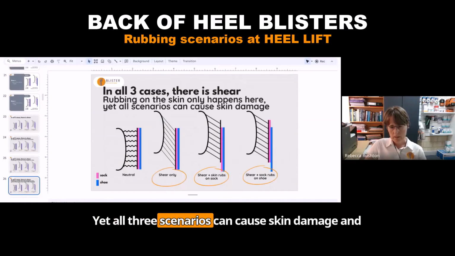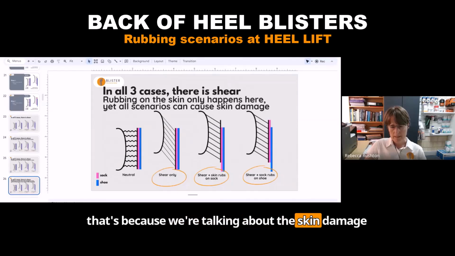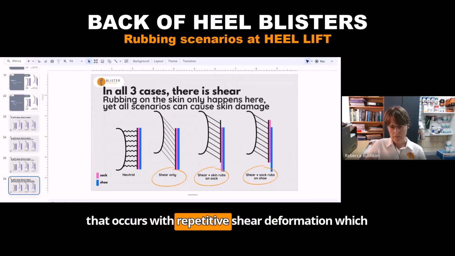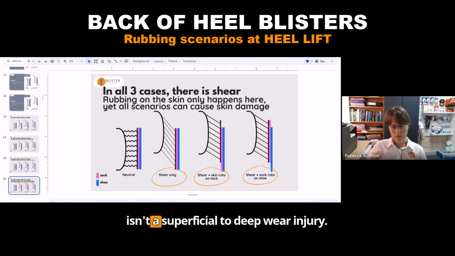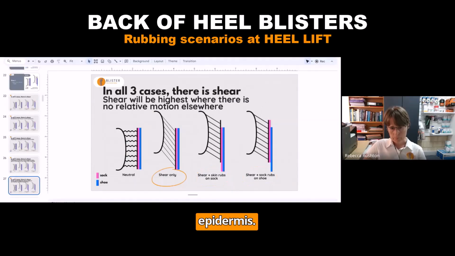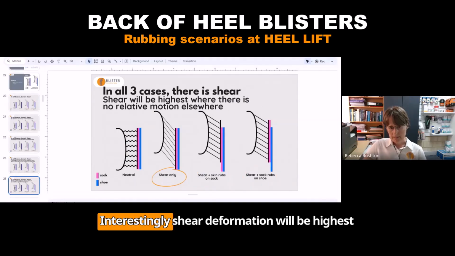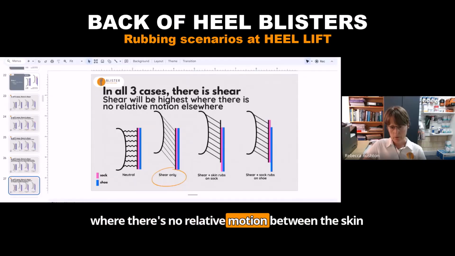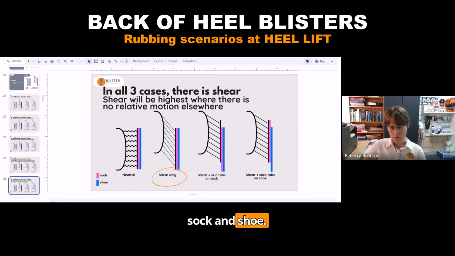Yet, all three scenarios can cause skin damage, and that's because we're talking about the skin damage that occurs with repetitive shear deformation, which isn't a superficial to deep wear injury, it's a mechanical fatigue within the layers of the epidermis. Interestingly, shear deformation will be highest where there's no relative motion between the skin, sock, and shoe.